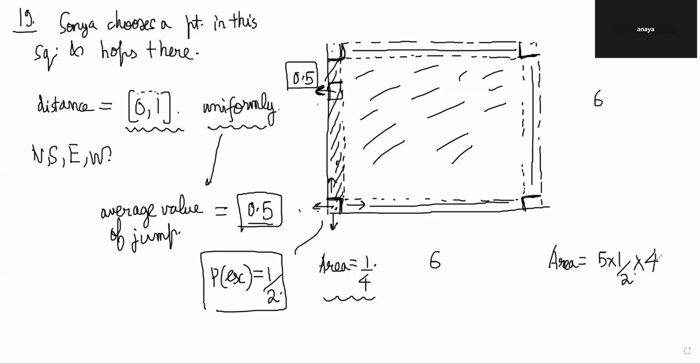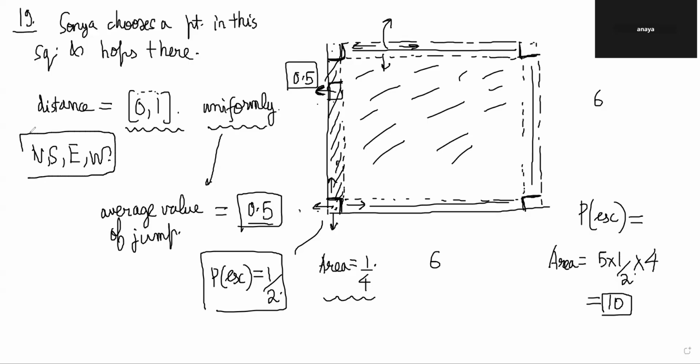So basically, area becomes 10. Area is 10 total, which is all of such regions, right? Probability of escaping from there is only one way, the other ways don't work, right? The probability of escaping, because there are 4 ways to jump, 1 by 4 is the probability, right? In this region. Correct? Yes.